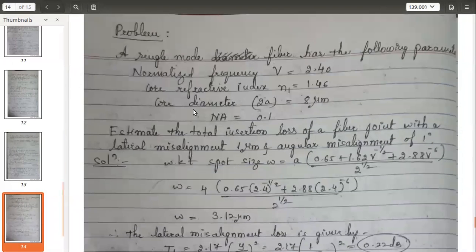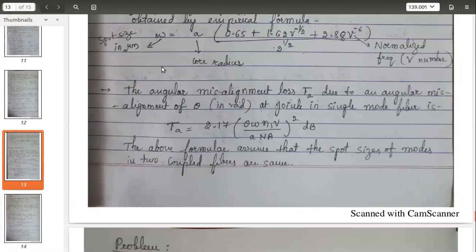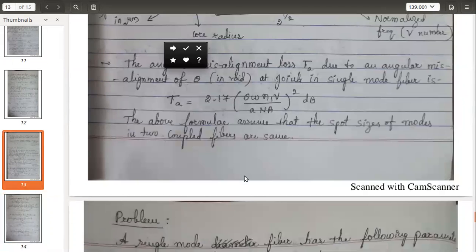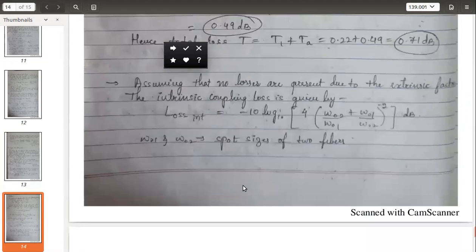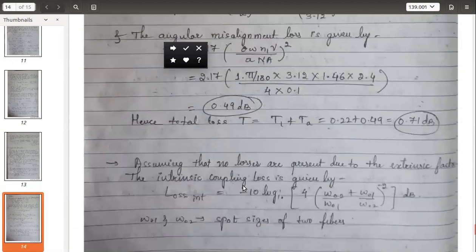Now coming to the previous thing which I told you. I gave you these TL and TA equations assuming that the spot size of both fibers is the same. But what if we have a different spot size? We should take care of that also. So assuming that no losses are present due to extrinsic factors, meaning we don't have any misalignments, the intrinsic coupling loss is given by... Actually speaking, we should consider everything together: intrinsic, extrinsic, lateral, angular.